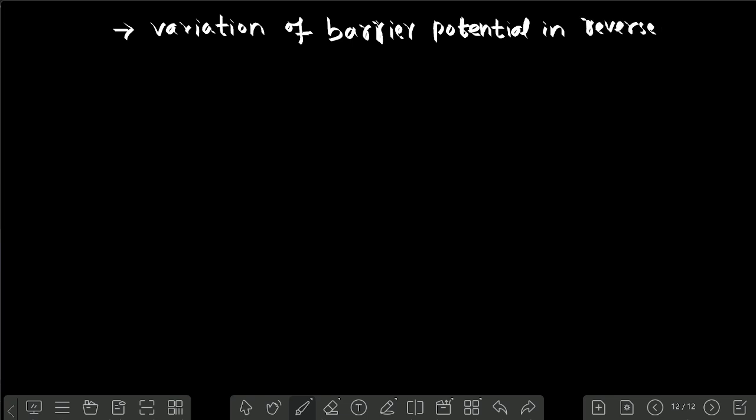Variation of barrier potential. How does barrier potential vary in reverse bias? We check here.